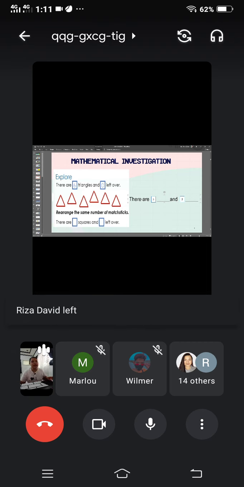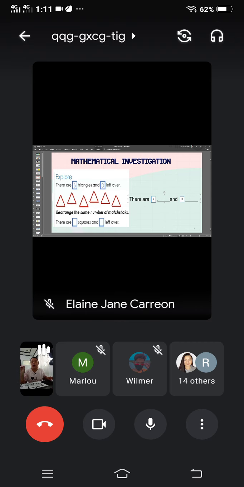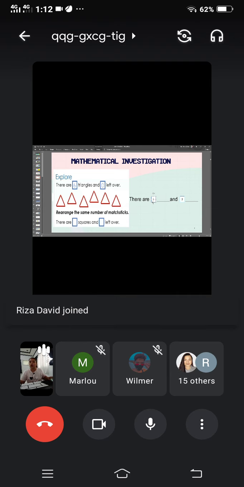Ang ibig sabihin, they are going to form another figure, and in this case they formed 3 distinct figures and 3 leftover matchsticks. Naintindihan niyo yung level 3? Ibig sabihin, iba yung figure na dinrawing at alam niya kung ilan yung mabubuo at alam kagad niya kung ilan yung matitira.